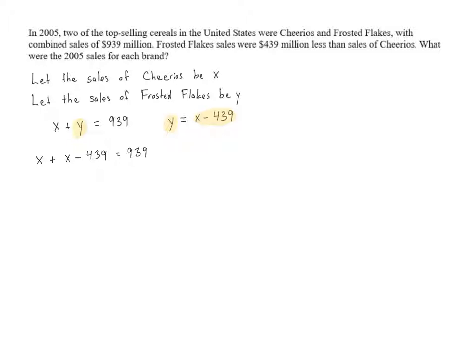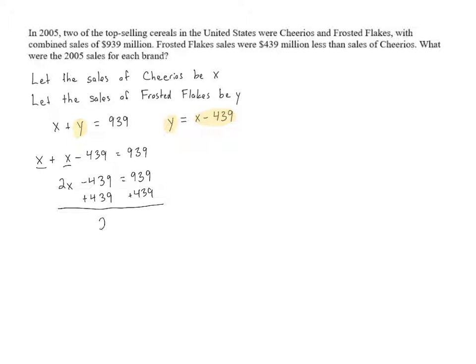We can combine like terms on the left-hand side. x plus x is 2x, so 2x minus 439 equals 939. If we want to isolate the variable term, we need to get rid of that 439, which we can do by adding 439 to both sides.